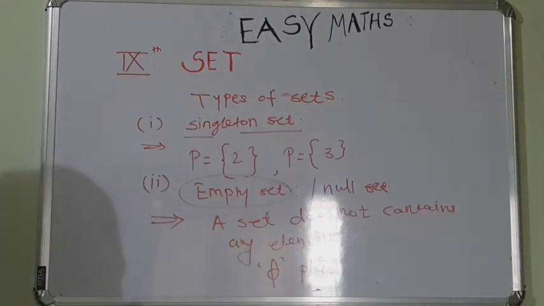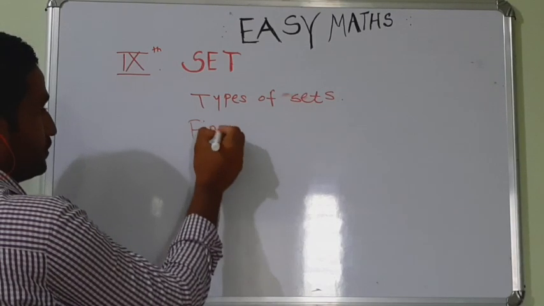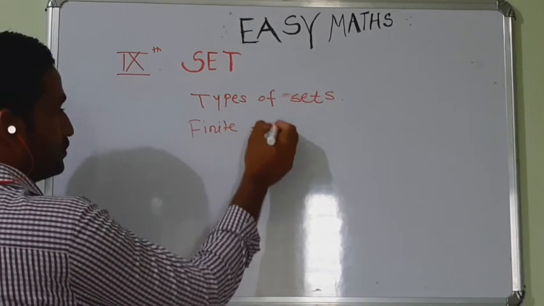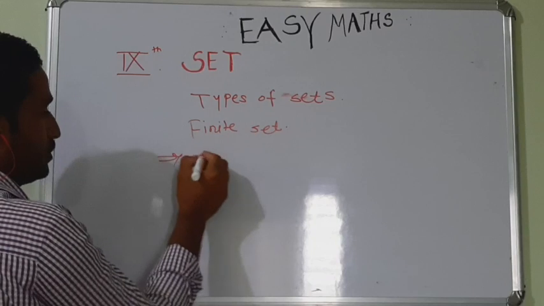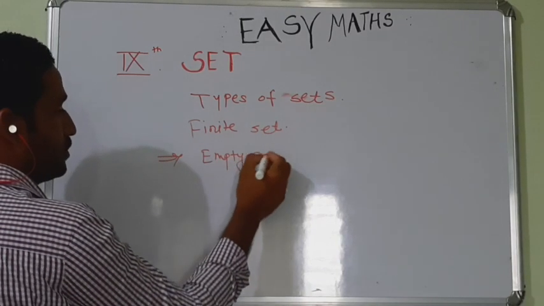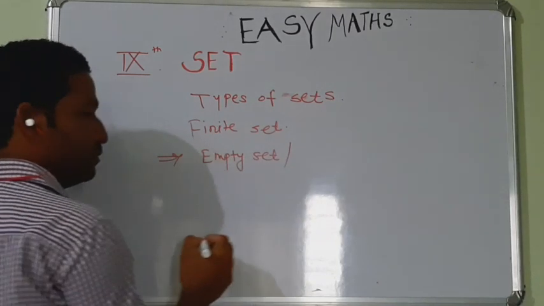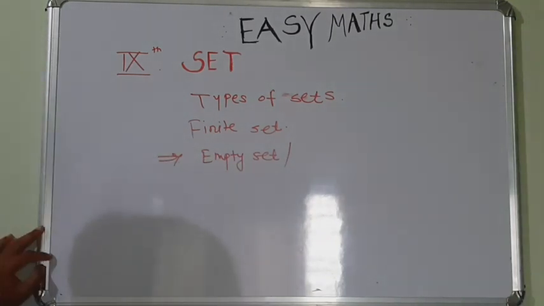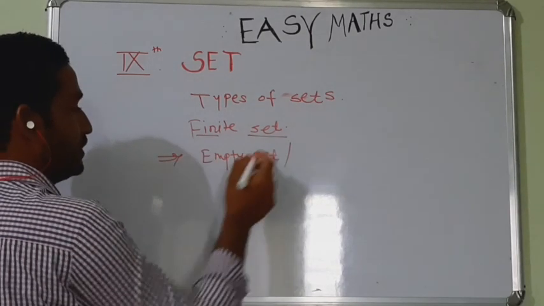Third one is finite set. An empty set, or a set which contains limited elements which are countable, is called a finite set.